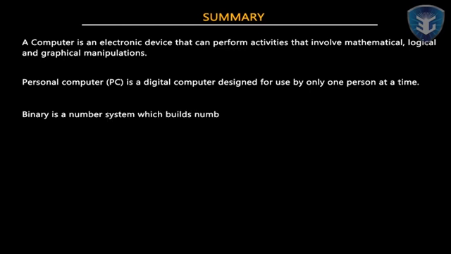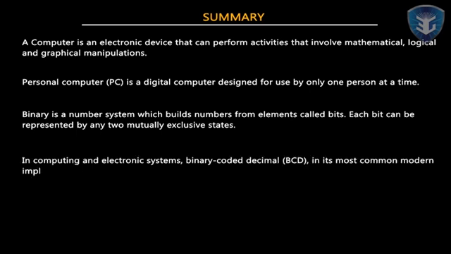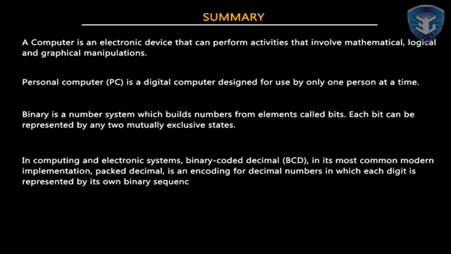Binary is a number system which builds numbers from elements called bits. Each bit can be represented by any 2 mutually exclusive states. In computing and electronic systems, binary coded decimal, in its most common modern implementation, packed decimal, is an encoding for decimal numbers in which each digit is represented by its own binary sequence.